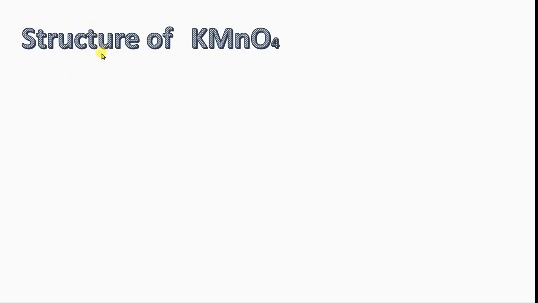Let us think about the structure of KMnO4. Here, K is a metal. It gives one electron and becomes K plus.